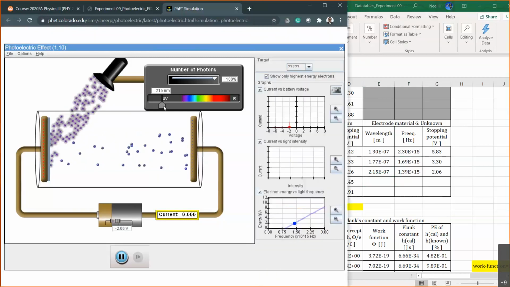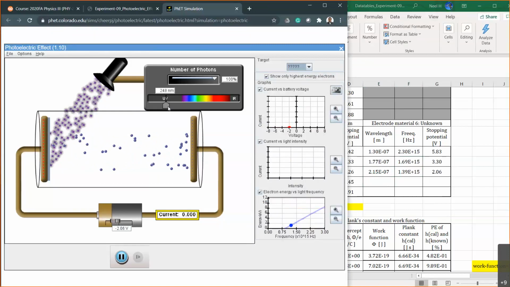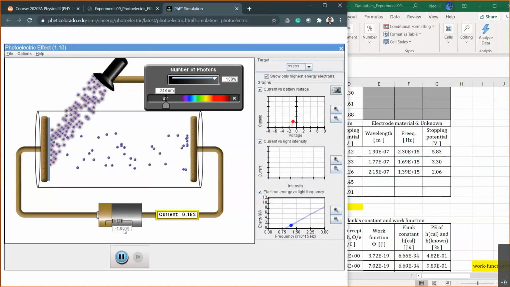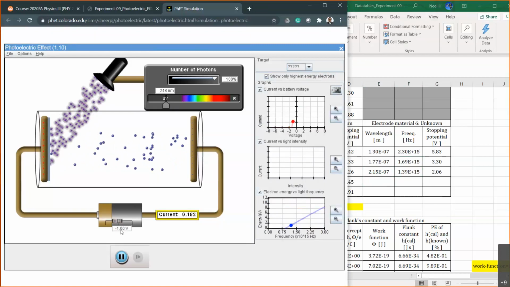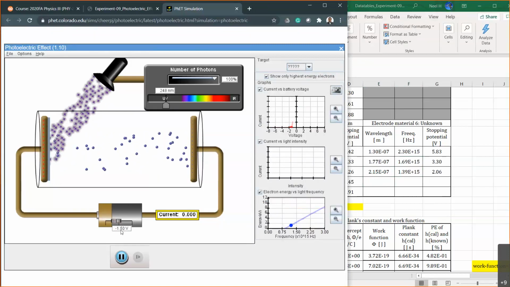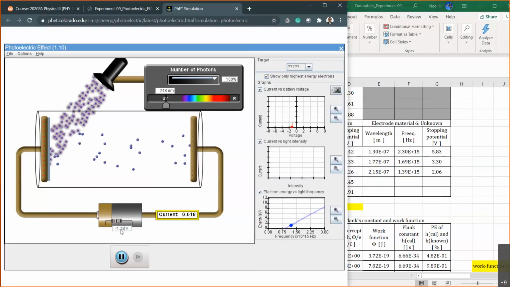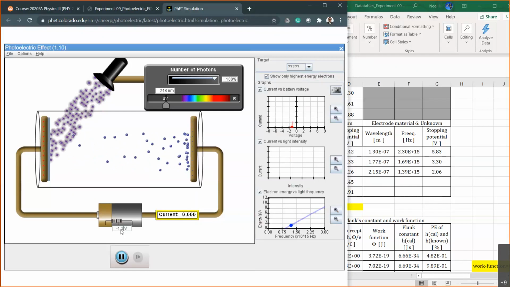Let's do only 2 more data points to go. Let's do maybe 250. Negative 1, 1.5, already too high. 1.3, 1.1, 1.2, 1.25, 1.27, 1.29, 1.28, 1.27.